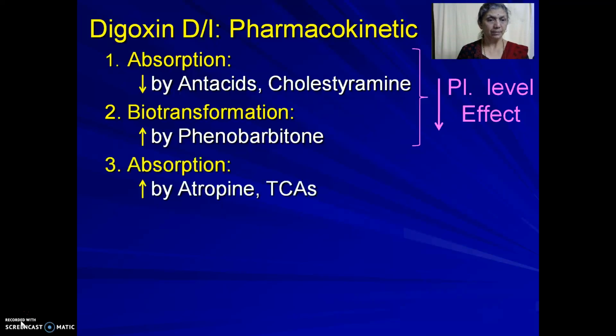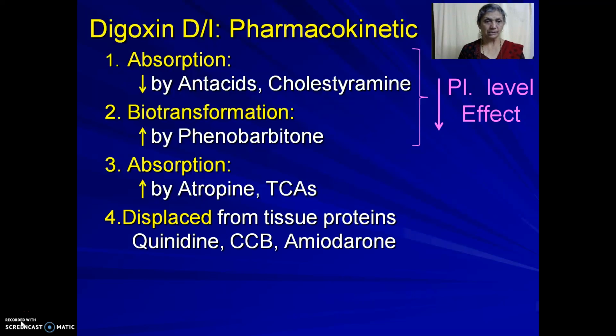On the contrary, some drugs like atropine or tricyclic antidepressants which have anticholinergic action can increase the absorption of digoxin. Some drugs like quinidine, the calcium channel blockers having predominant cardiac action, that is verapamil or diltiazem, and another antiarrhythmic agent, amiodarone, all of them can displace digoxin from tissue binding, thus making more free digoxin available for action.